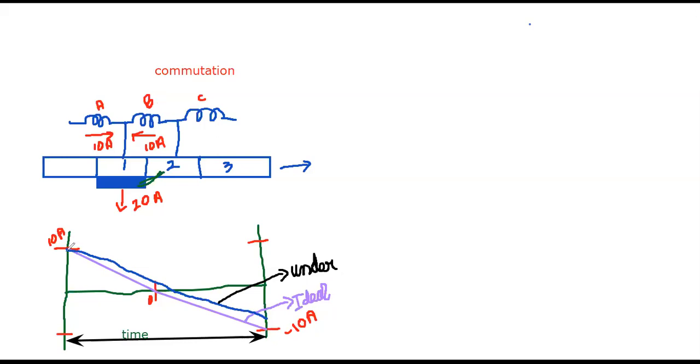The reversal of the current direction consumes a huge amount of time. So that is what we call over commutation. And this one is for the over commutation.